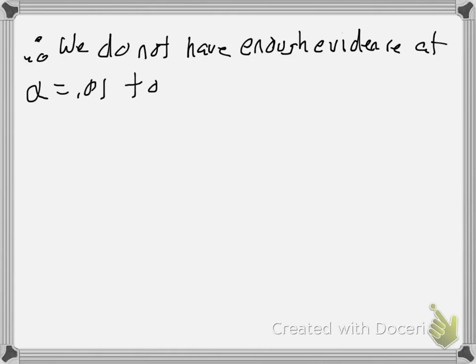What word goes after that? It's either support or reject. What's the claim? The claim is H0. If H0 is the claim, then we reject the H0, support the H1. So this is to reject.